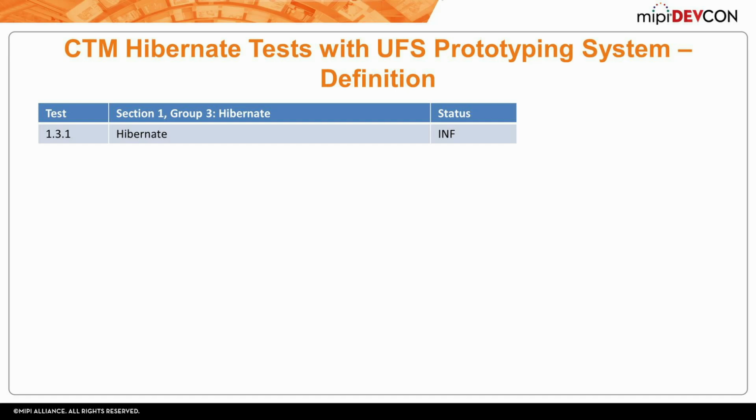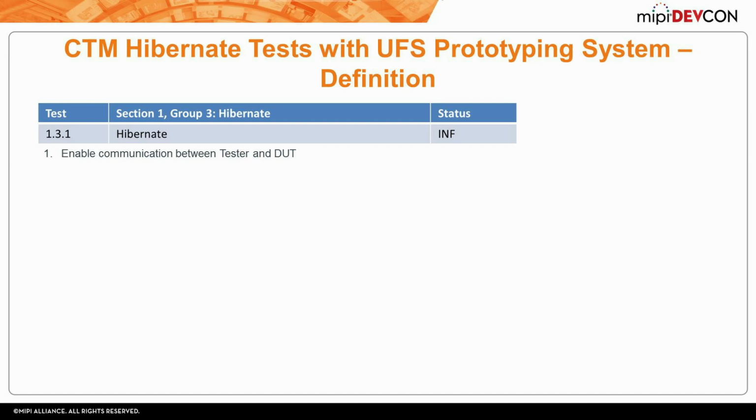And for you to achieve a successful Hibernate test, or a successful 1.3.1 test, you have to start from an enable communication between your tester and DUT. What this means is that you have to achieve a successful link startup sequence, the one that we analyzed before.